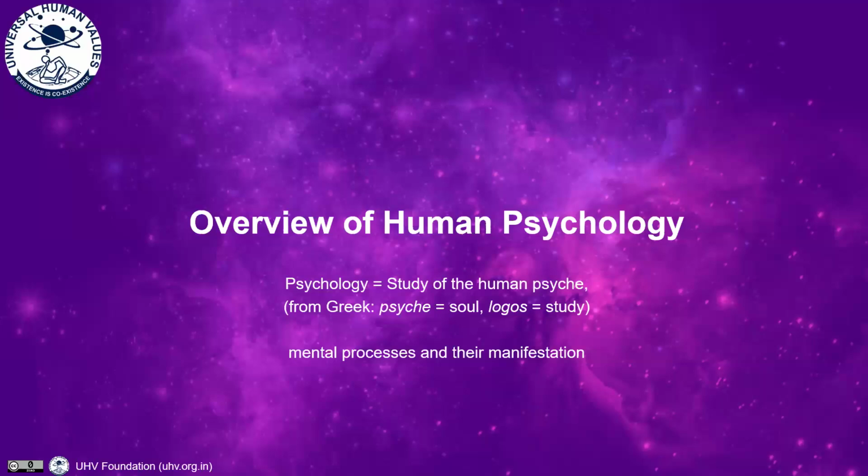And logos means to study the soul, to study the self, to study some entity which appears different from the body. There have been different approaches, and the different approaches form different schools. So we'll have a look at those schools. Essentially, they are trying to study the mental processes and how they manifest in our living.